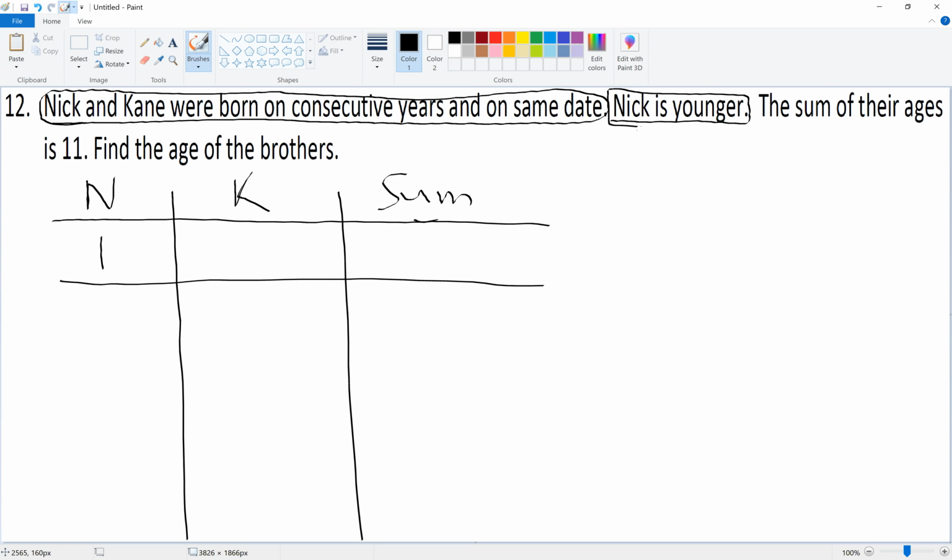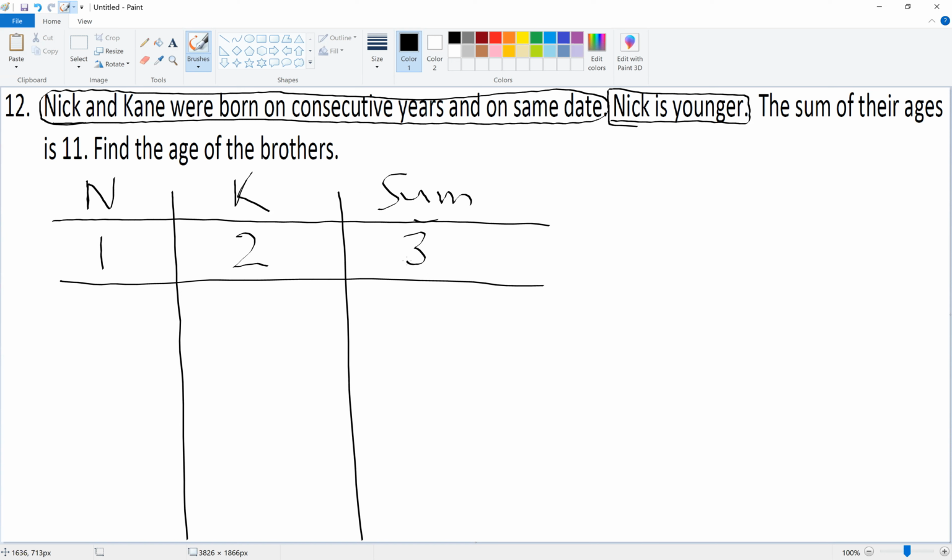One year younger. That means Ken will be 2. So what is the sum? Isn't it 3?